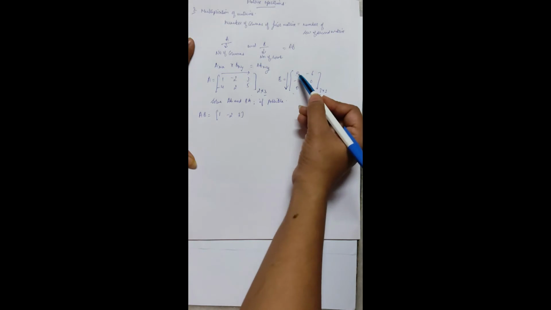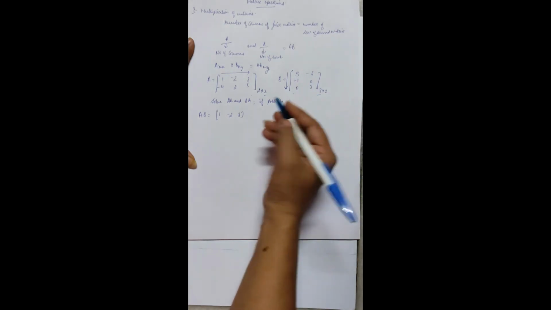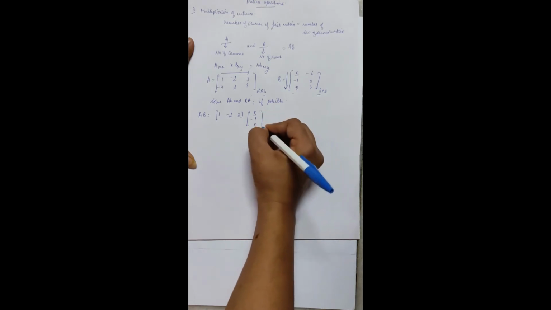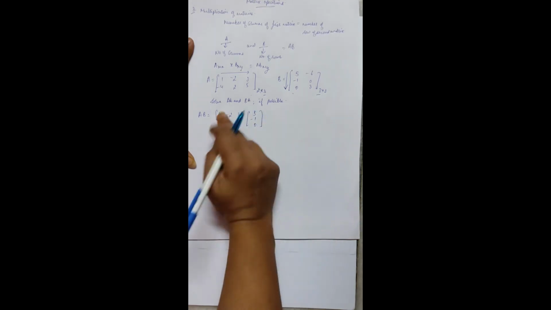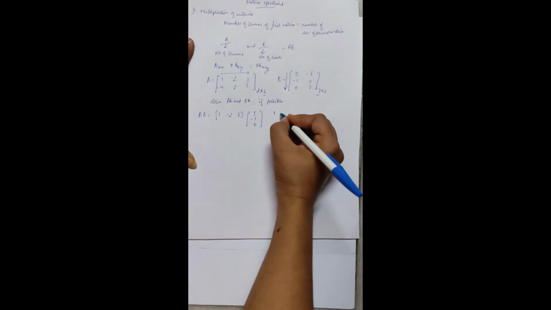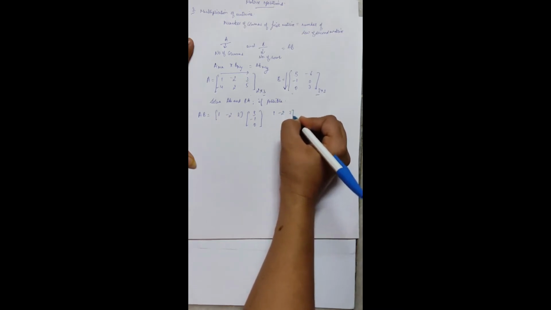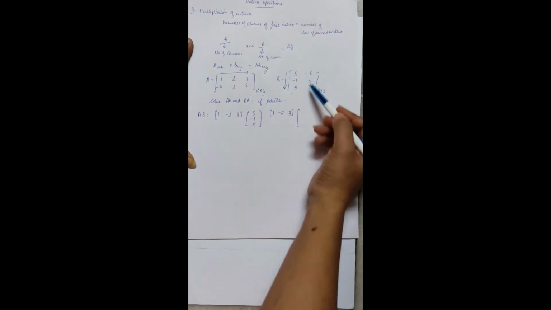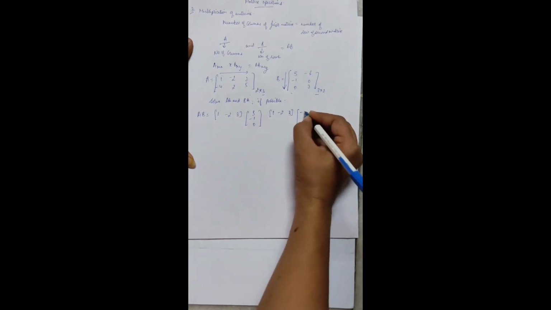This row is to be multiplied with the first column of the second matrix, which is 5, minus 1 and 0. In the same way, I will again write the first row 1, minus 2 and 3, and then the second column, which is minus 6, 0 and 3.